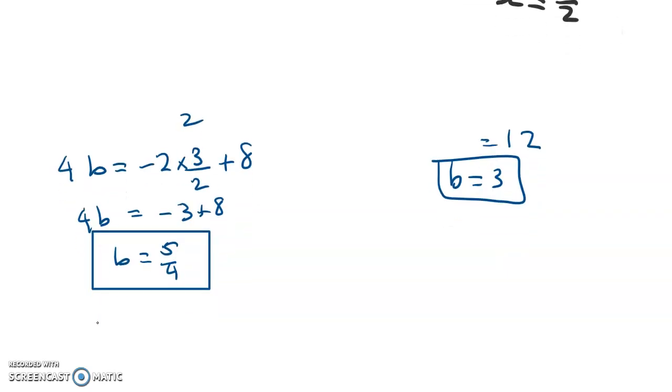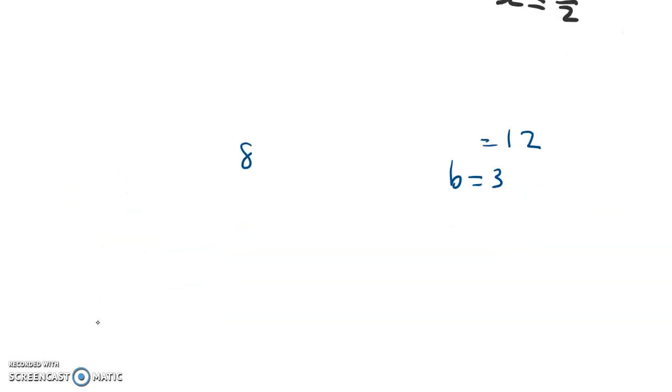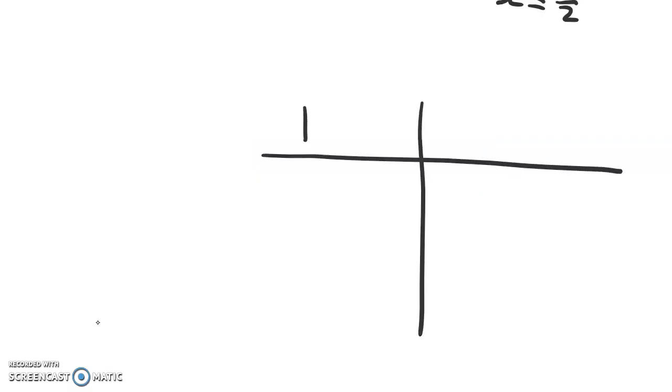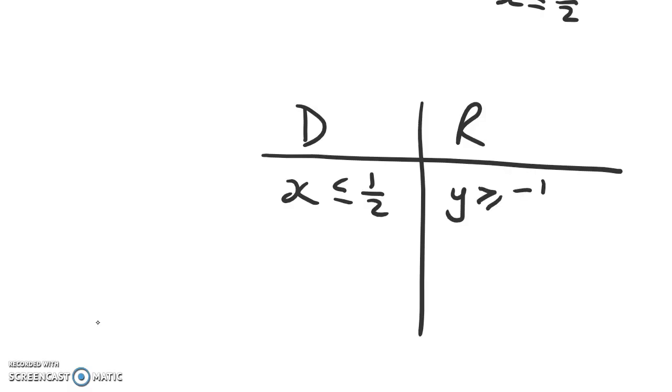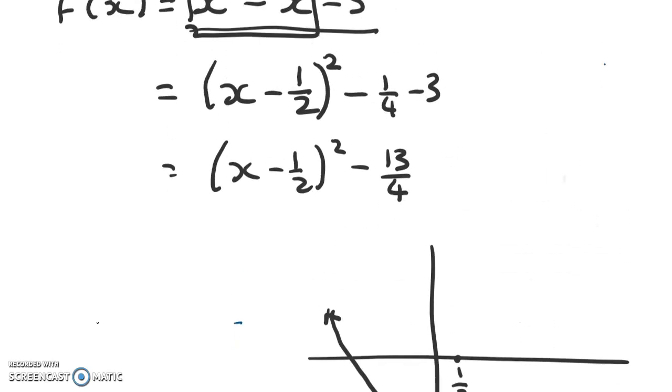So the way that I do these questions where I'm finding an inverse is like this. We've got our function, and we've got the domain, and we've got the range. So the range here is that y is greater than or equal to -13 over 4. Now we can see that from in here, right? So I've rewritten the function like this. This bit here will always be positive or 0, and this will just be take away 13 over 4.